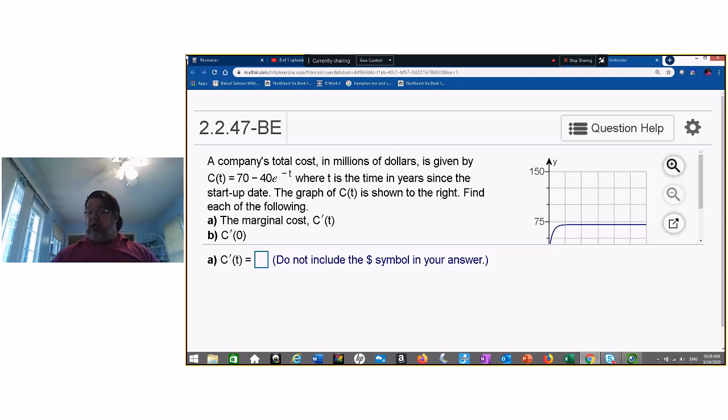So while y'all are working on that, I'm going to write it down. C of t is equal to 70 minus 40e to the negative t. I think I might do this on this one.